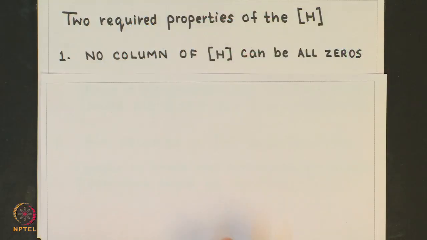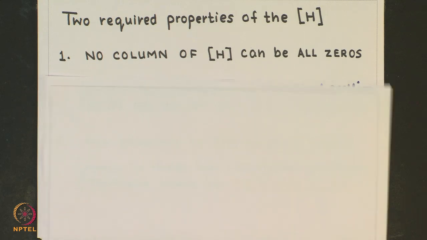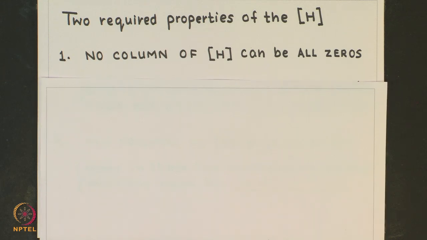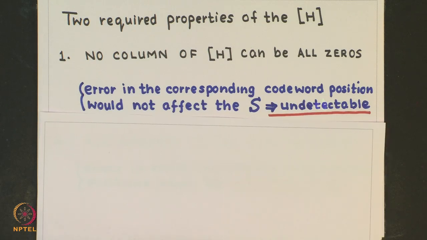The first is that no column of H can be all zeros. So, what this implies is that no row of H transpose can be all zeros. Now, it is easy to see why this condition should be satisfied, because if it were true, then error in the corresponding code word position would not affect the syndrome, and the error would go undetectable.